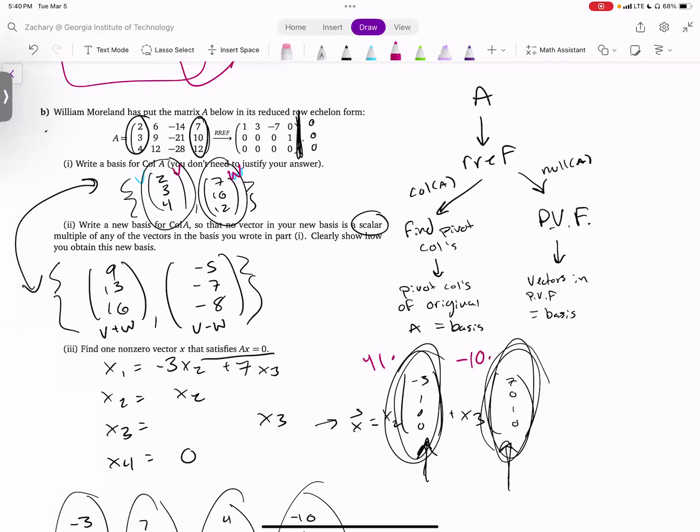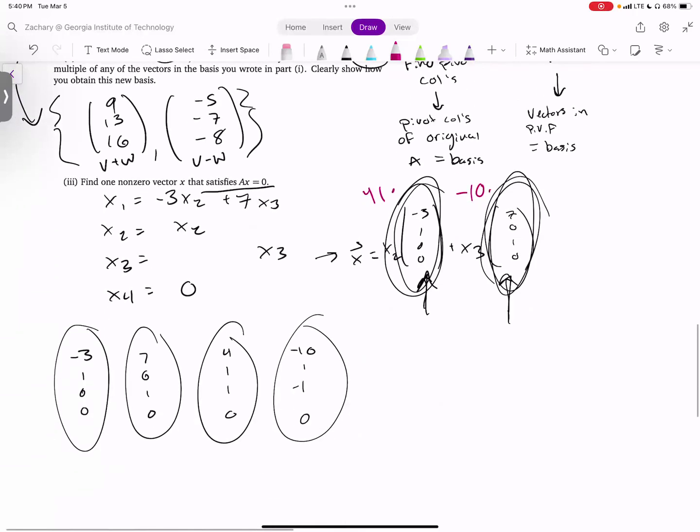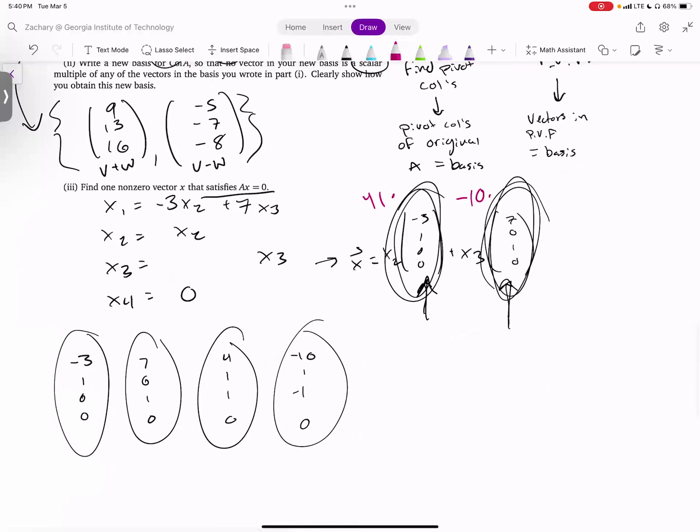I just had one quick question for the third. Yeah, what's up? For the third question, the last one you did, it says one non-zero vector. Could it be any of those 4? It could be any of those 4. Oh, okay. All of them are the same amount of right. Make sense?